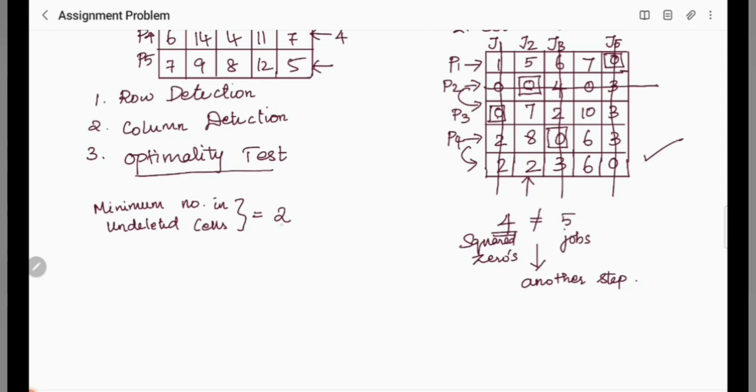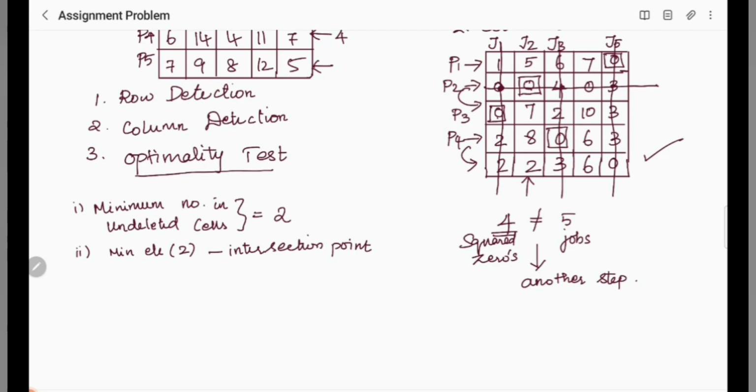Then you have to add this minimum element, 2, to the intersection points. The intersection points in this diagram are here, here and here. That is where the vertical and the horizontal lines cross. So we have 3 intersection points over here.